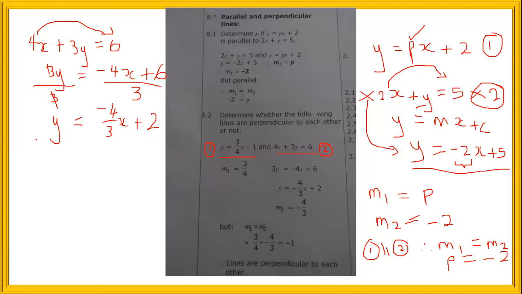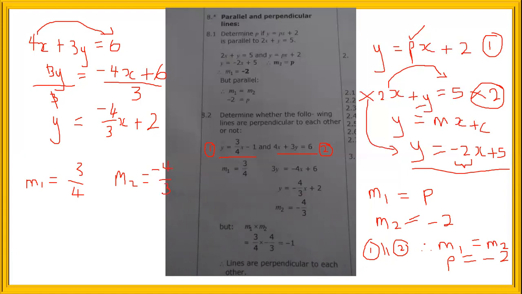Now we have the equation in standard form. If you look at line 1, M1 is equal to 3/4. If you look at line 2, M2 is equal to minus 4/3.